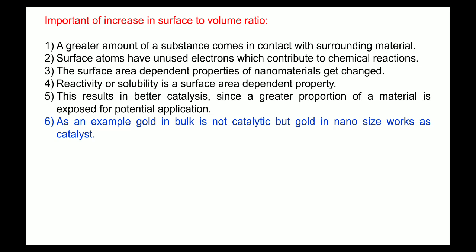I already told you that the properties of the material start to change when we go from bulk to nano, and this is one of those properties, chemical reactivity. Bulk gold was not reactive, but when the same gold is reduced to the nano size, then it shows catalytic properties.